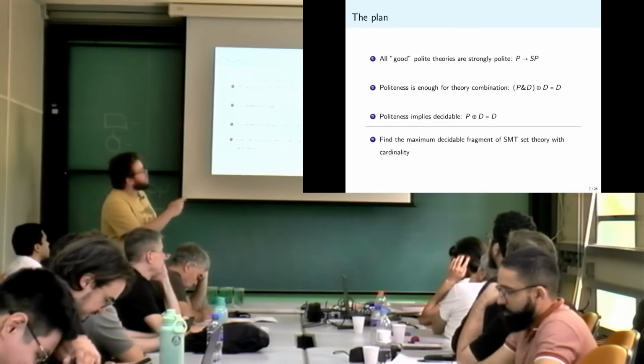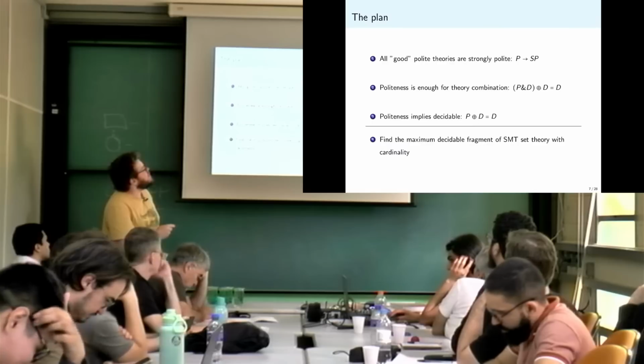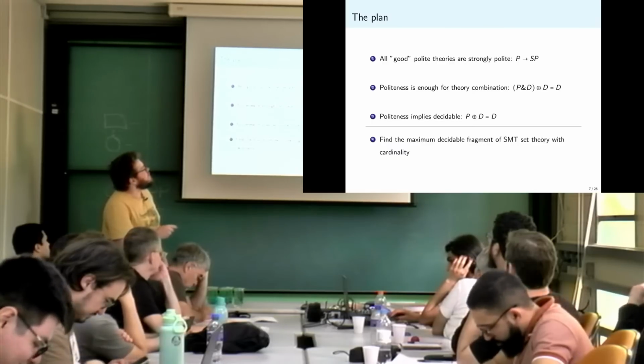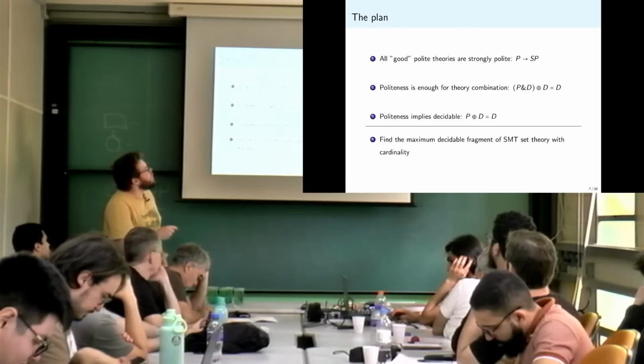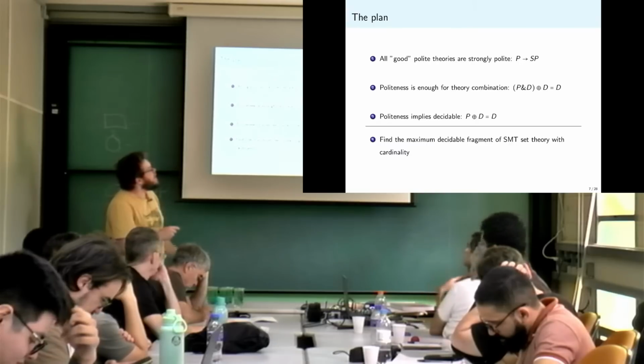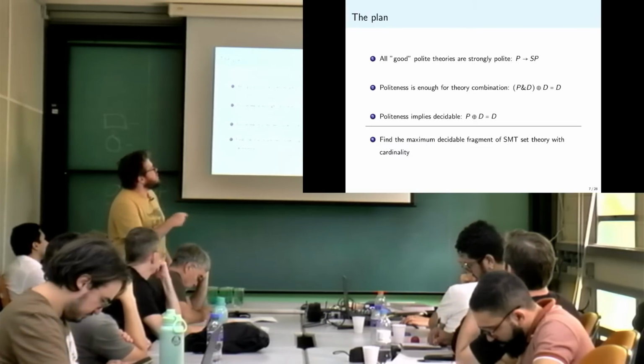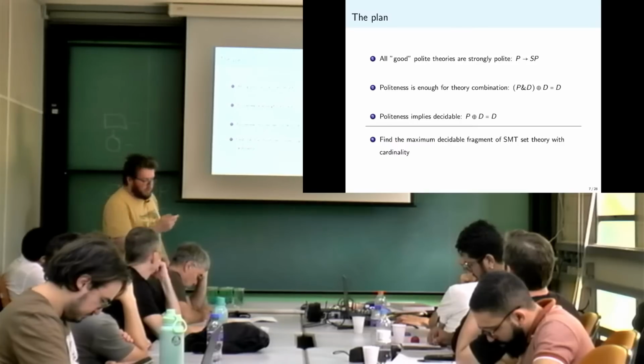Then we prove that politeness implies decidability. So polite theory combination becomes a simple thing. If one theory is polite and the other is decidable, then we get a decidable theory. This is a bit unrelated to the project I'm talking about right now.